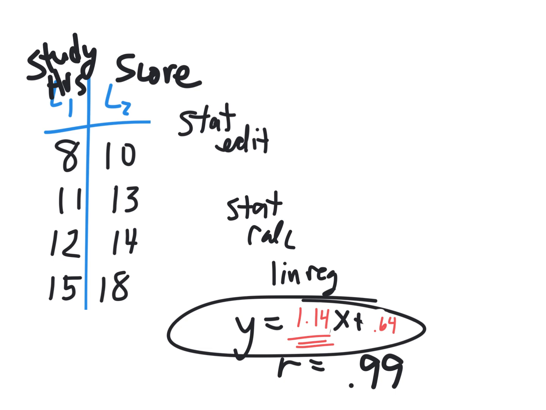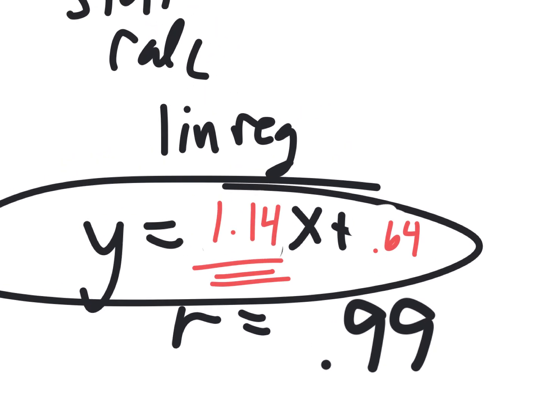Now, here's the follow-up question. Suppose a person got a score of 20. Figure out how many hours they studied. Now, there's only 2 places you could put that, and I want to prevent, some of you are putting it right here, and that's not where scores go.